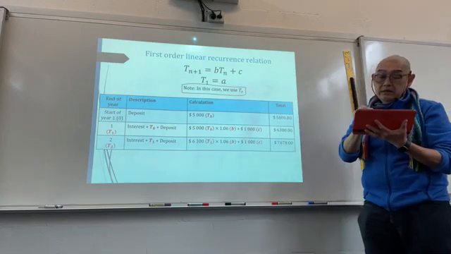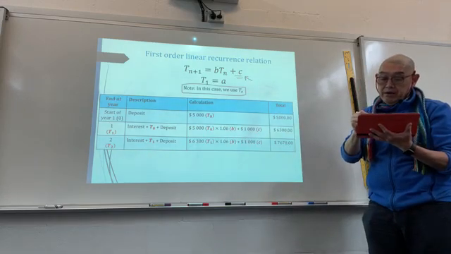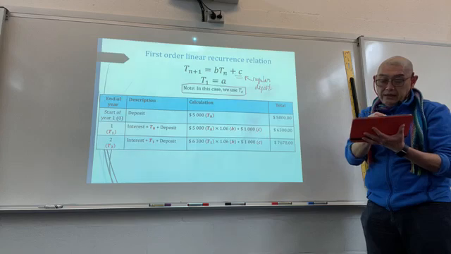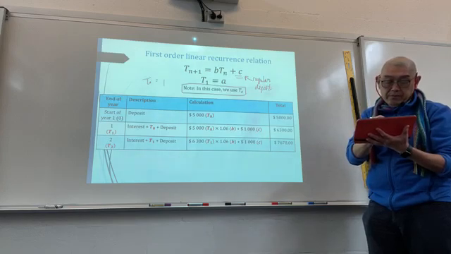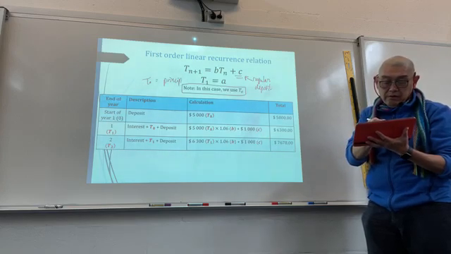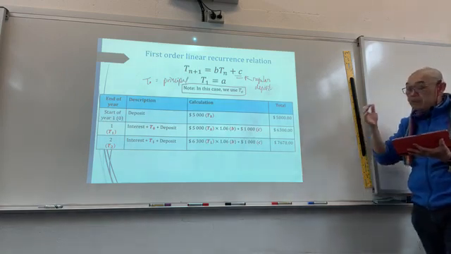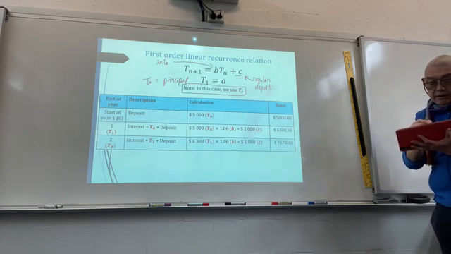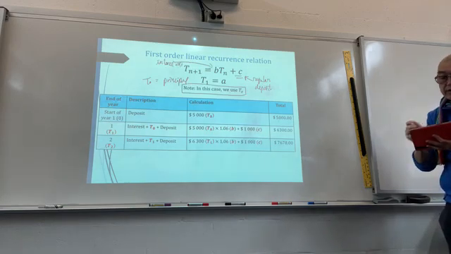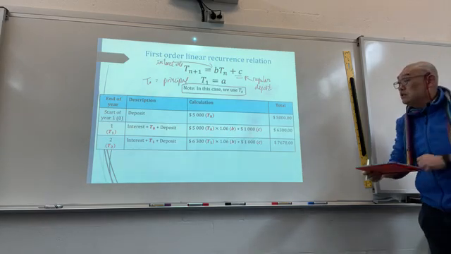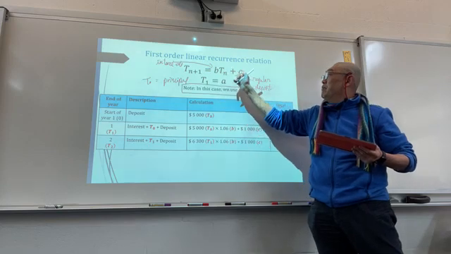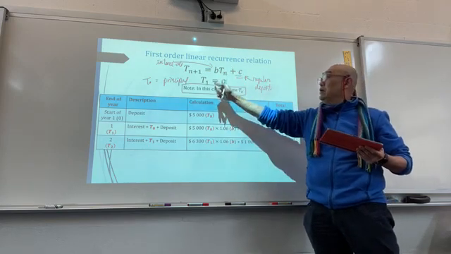So this c here will be the regular deposit, and T0 will then be the principal. So b is then the interest rate, sorry, not the interest rate. So this is what you need to think about: Tn plus 1 equals b times Tn plus c, T0 equals a.